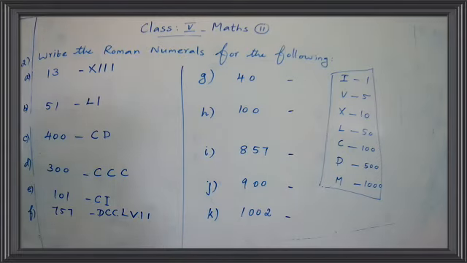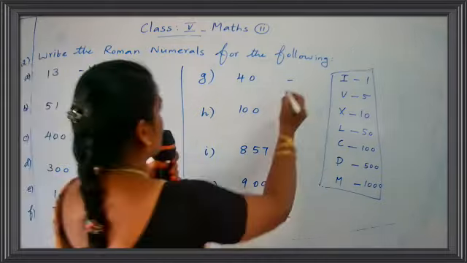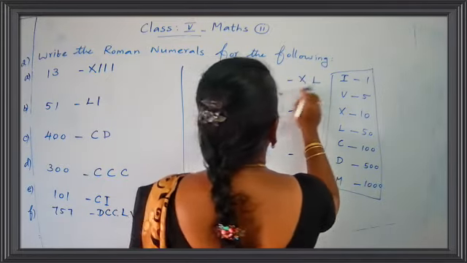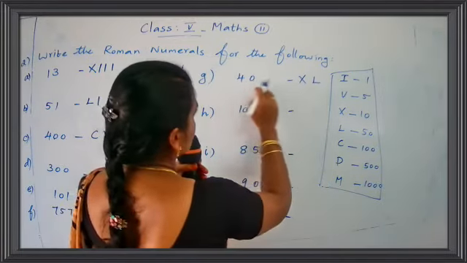So here 50 stands for L and X stands for 10. Here subtraction is there. So subtraction means written before the large number. Yes, that's why it is to be subtracted. So 40 means XL. Okay, XL.